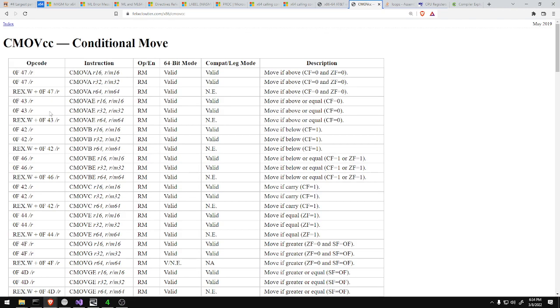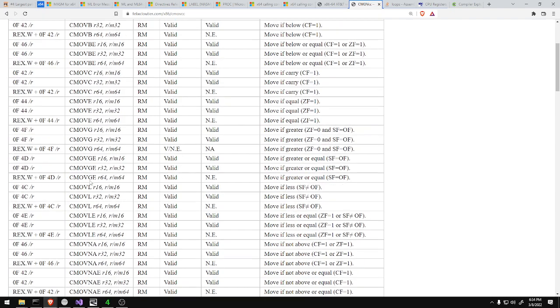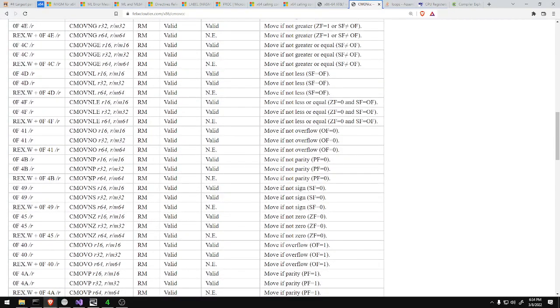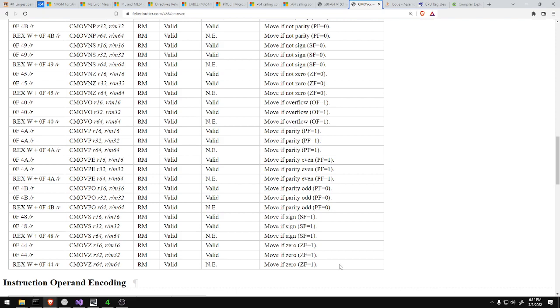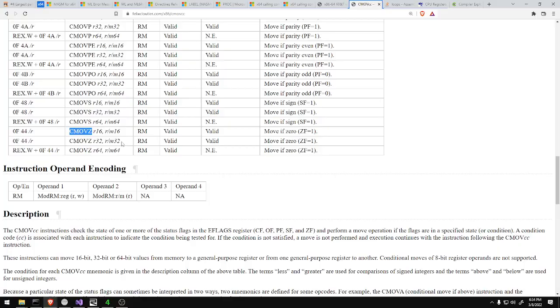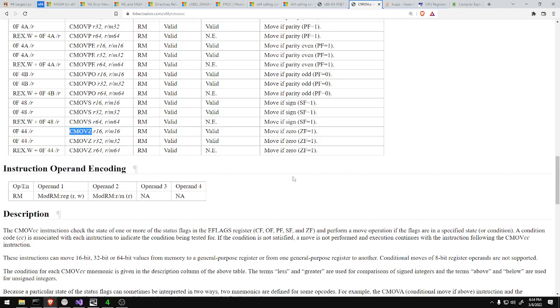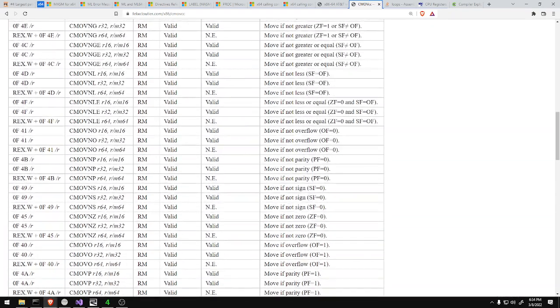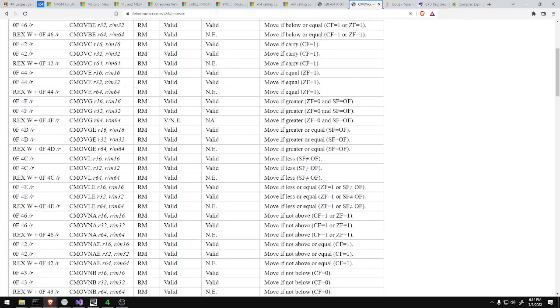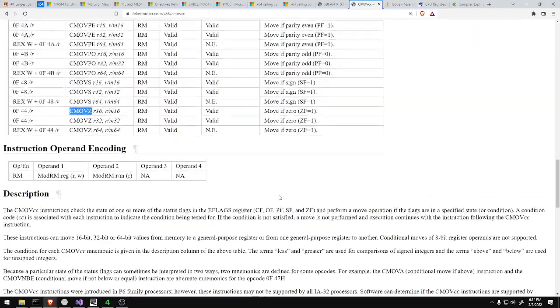So what a conditional move should let me do is only execute the move if a condition is met. So I can do CMOV Z if this is 0, if this is not 0 actually. So if this has a remainder of something other than 0, but it's not CMOV that I need to do, it's an increment.